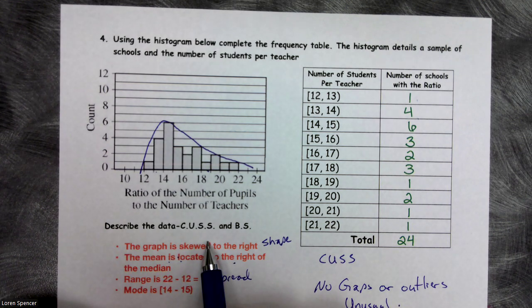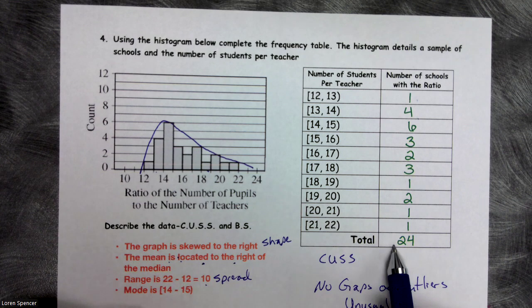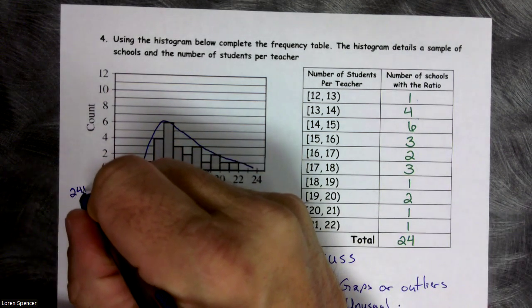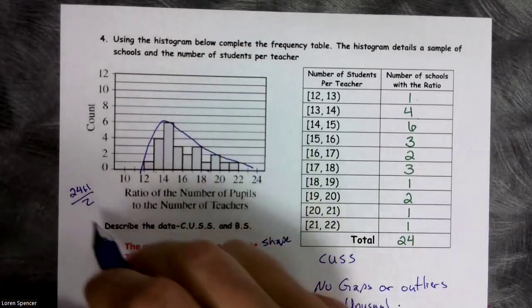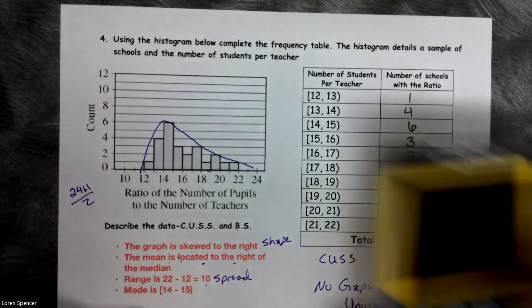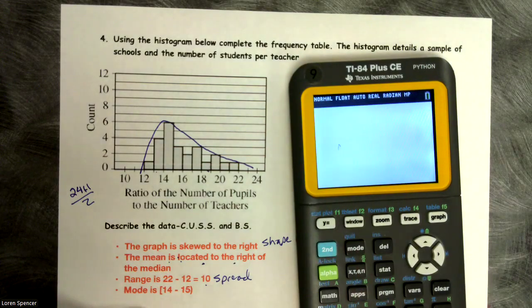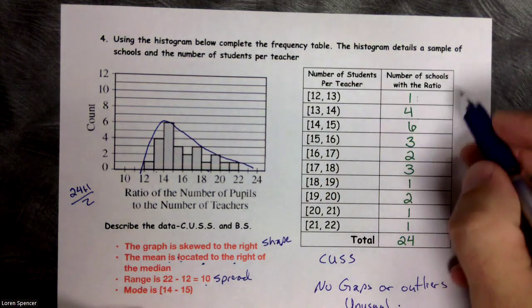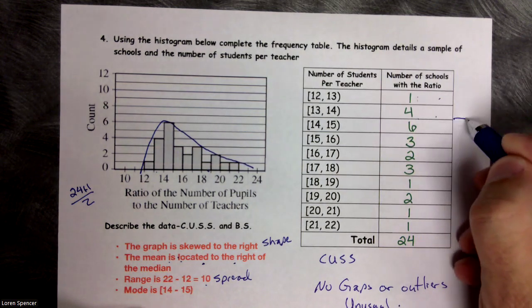Where is the middlemost number? We have a total of 24. And so for the median, you go 24 plus 1 divided by 2. That's the formula. That gives me 25 divided by 2, which is 12.5. So I need to add these up. 1 plus 4 is 5.